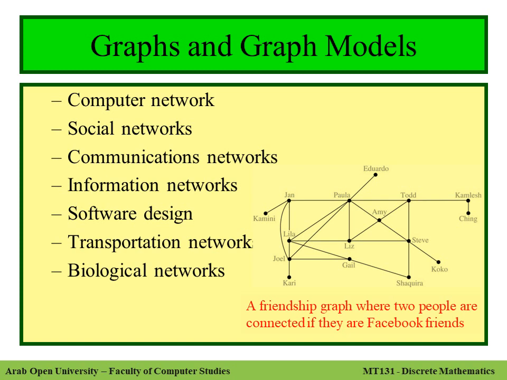All of these are examples of models that you can use a graph to represent. The picture of this graph is a friendship graph where two people are connected if they are Facebook friends. The vertices represent people, and there's an edge between two vertices if the two people are Facebook friends. This is an example of a social network.